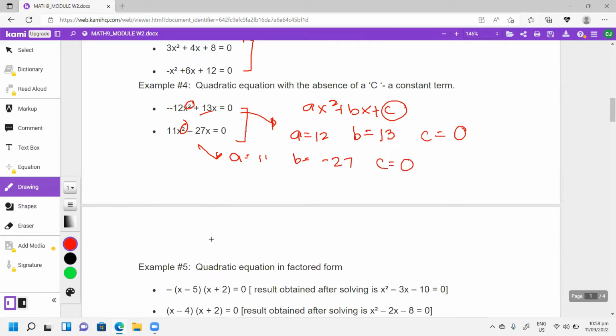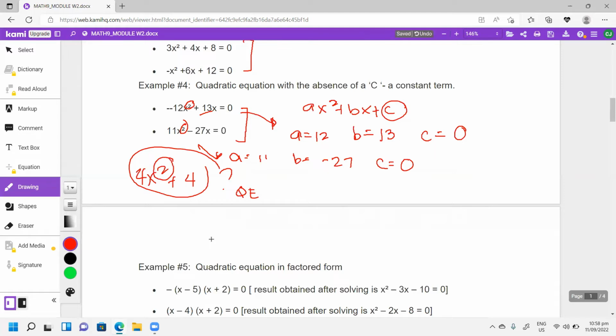So what if we have an equation like this? 4x squared plus 4. Is this a quadratic equation or not? Okay, so this is a quadratic equation. Because again, the main rule is that an equation is a quadratic equation if the highest exponent is 2. As you can see here, the highest exponent is also 2.